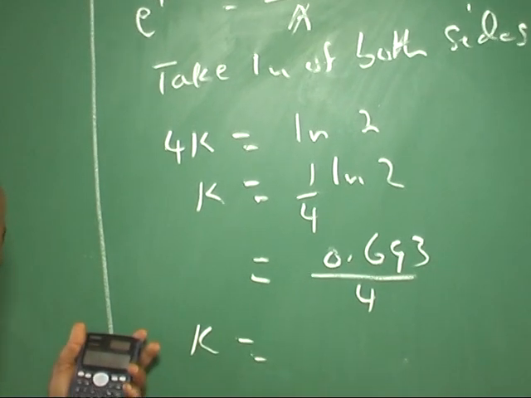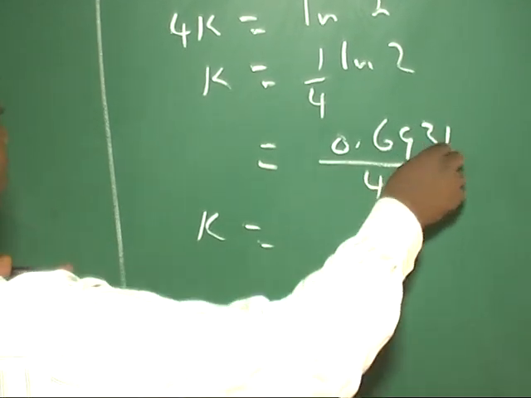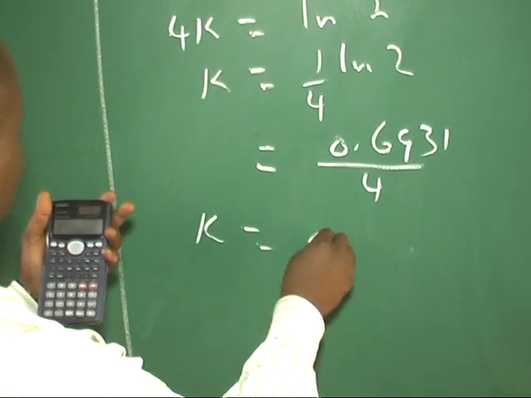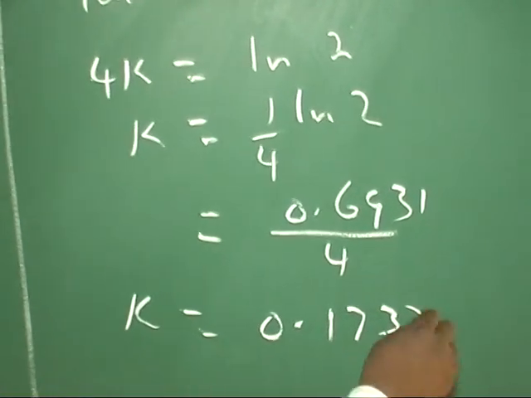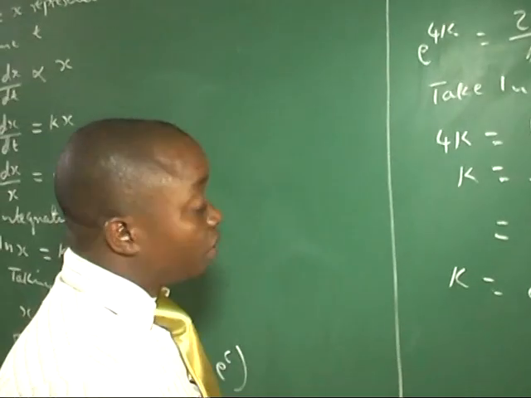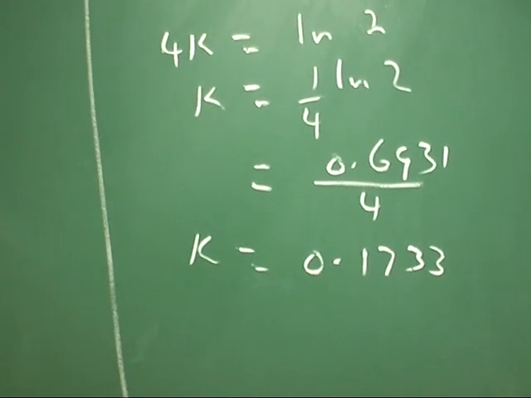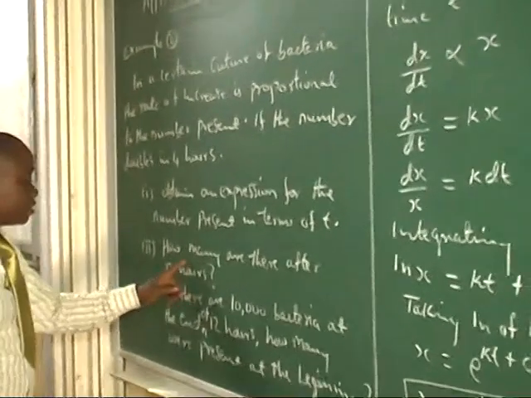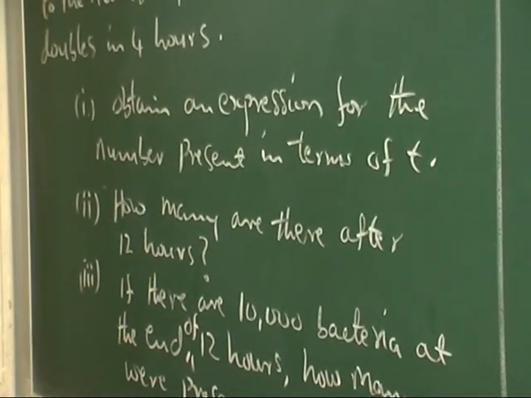So if you divide that by 4, we have 0.1733 by approximation. That is K. So now, having got K, we have to go and answer this question. How many are there after 12 hours?